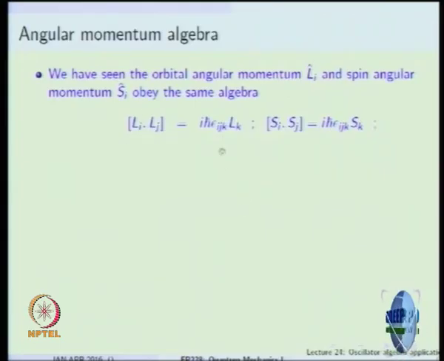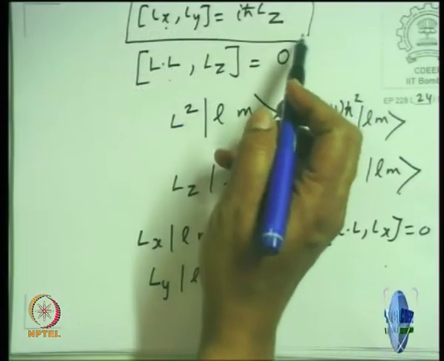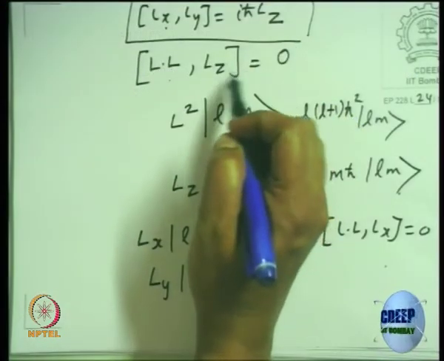So recall the orbital angular momentum and the spin angular momentum, which we discussed last week for the Stern-Gerlach experiment. So [Lx, Ly] is iħ Lz, and L·L commutes with all the components.